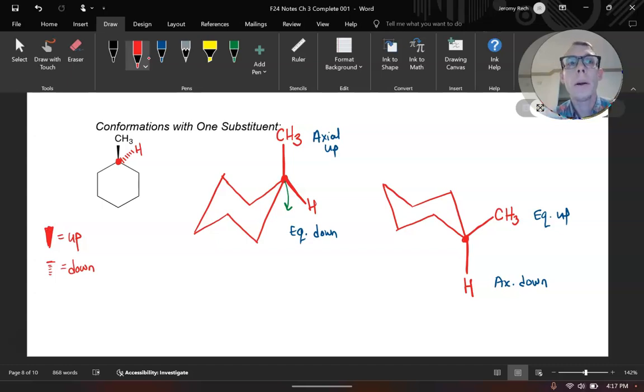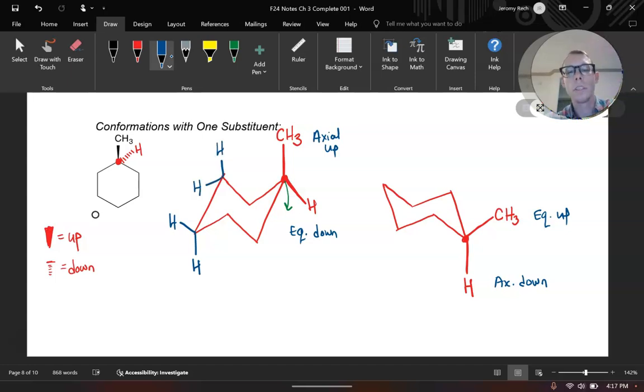Now, one thing that we want to minimize, and we talked about in the last video, is the idea of 1,3 diaxial interactions. We don't want big things in an axial position. And if I look at this molecule that we've drawn, all of these other positions, for example, way over here at this position, there is an axial down hydrogen and an equatorial up hydrogen. There's an axial up hydrogen and an equatorial down hydrogen.